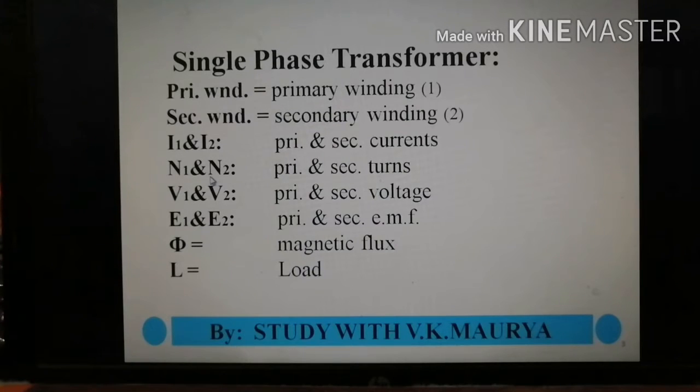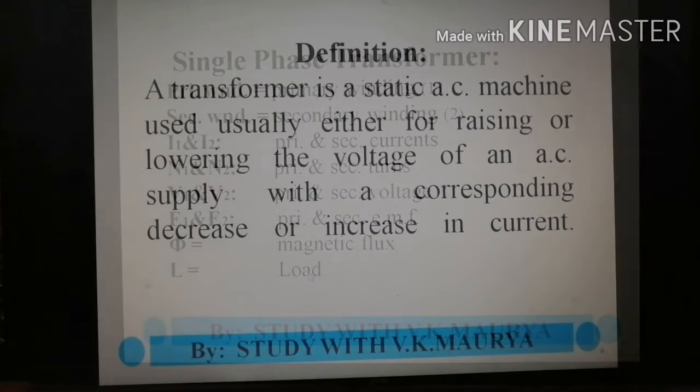N1 and N2 are the primary and secondary number of turns in the coil. V1 and V2 are the primary and secondary voltages. E1 and E2 are the primary and secondary EMFs. Phi is known as the magnetic flux and L as load.